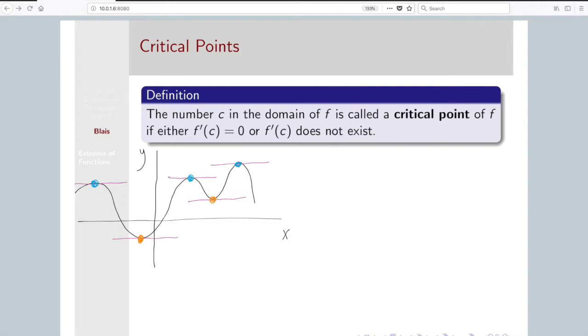That gives us the set of candidates for possible local extrema. We also say if you have a place where f prime doesn't exist, we include that in this definition. Points that satisfy either of these conditions, we call critical points of f. And critical points are types of points we will focus on extensively going forward.